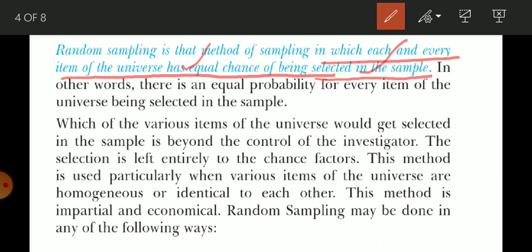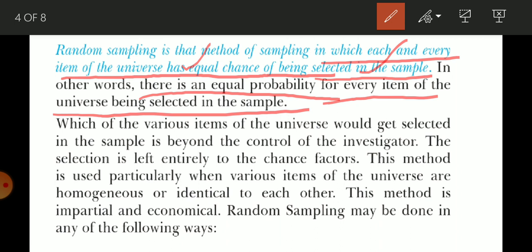In other words, there is an equal probability for every item of the universe being selected in the sample. Which item of the universe gets selected in the sample is beyond the control of the investigator. Means selection does not depend upon the investigator. No opinion is taken from the investigator, or he does not show any preference. That type of method is considered as a random sampling.